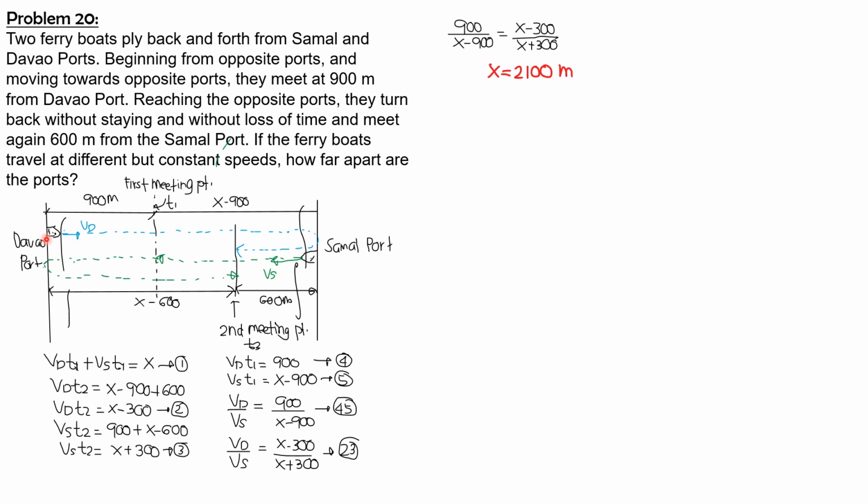Therefore, this distance is v sub d times t1, and this distance is v sub s times t1, and adding, v sub d times t1 plus v sub s times t1 equals x. Call that equation 1.